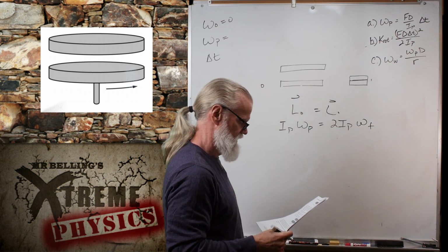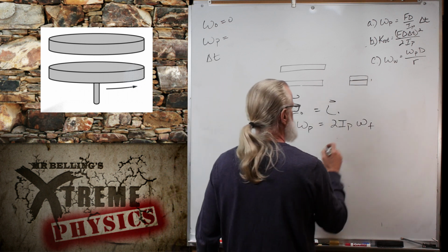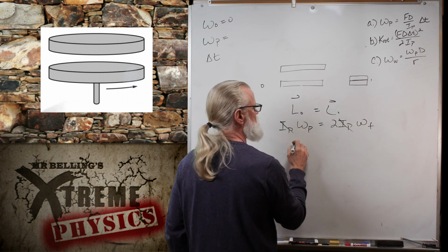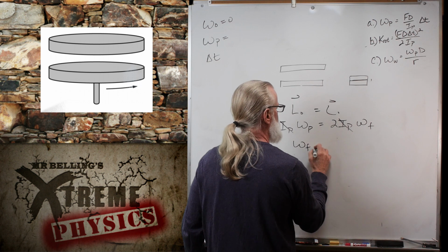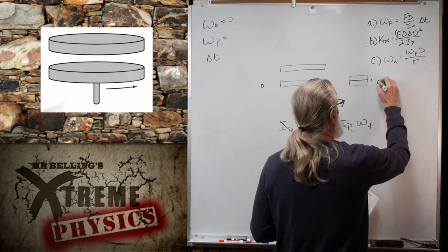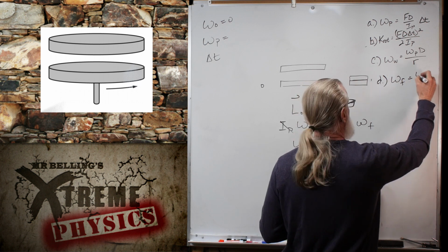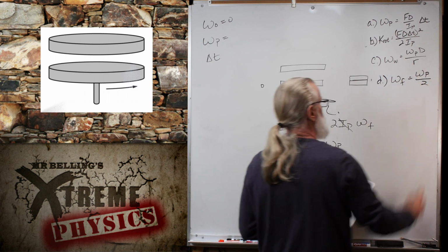Omega f is what we're looking for. Well, this isn't too bad. So omega f equals omega p over 2. So far, it's been pretty straightforward, I think.